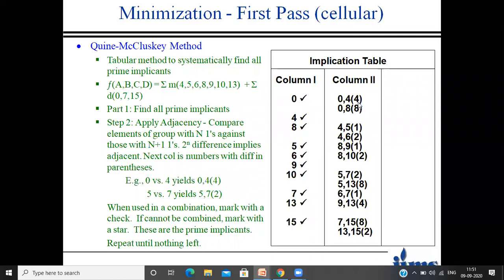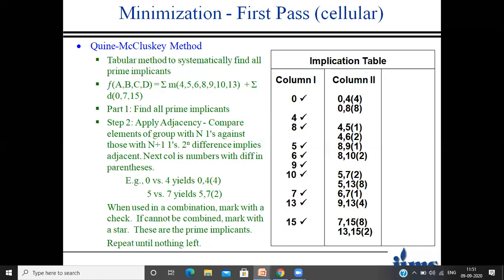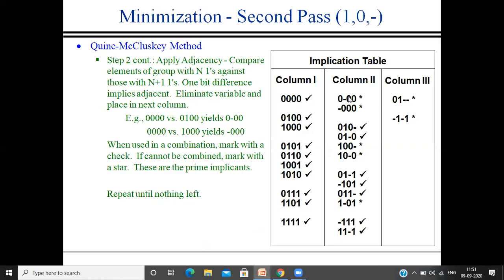Again, the same process is done. That means we have to compare group 1 in the next column to group 2. The condition is that the position of dash should be the same and we should look for a single bit change.